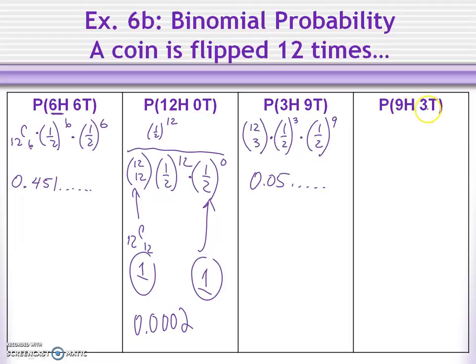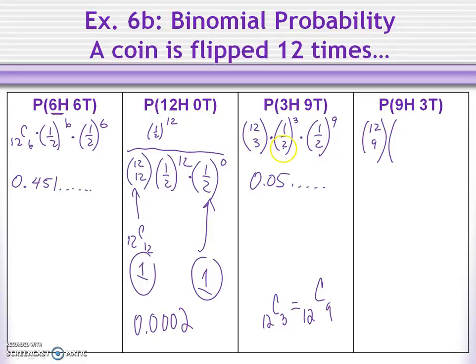Probability of 9 heads and 3 tails is identical to this. If you remember back in the combinations unit, 12c3 was equivalent to 12c9. So that was a little fact that was nice to pick up on. So what's going to happen is, since 12c3 is equivalent to 12c9, this term is going to equal that term.